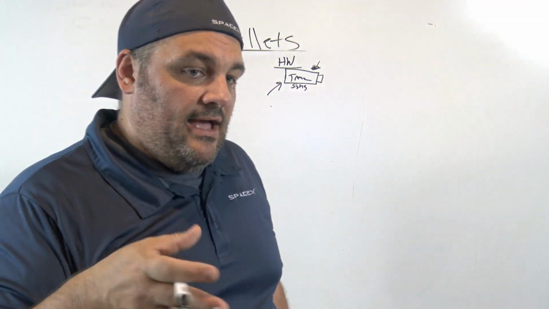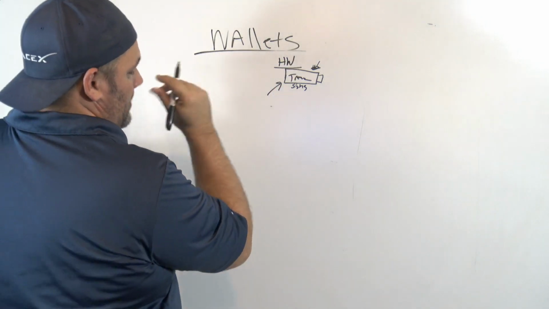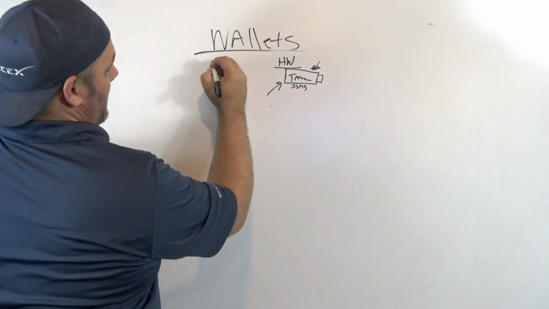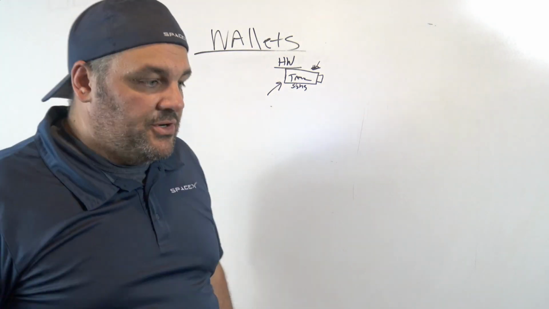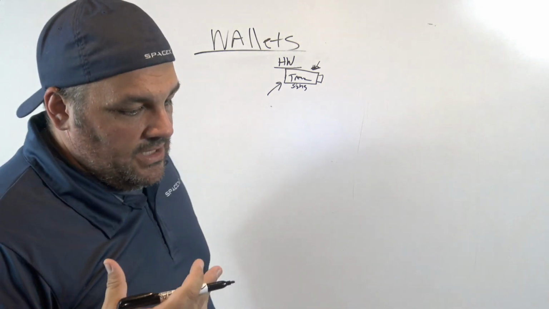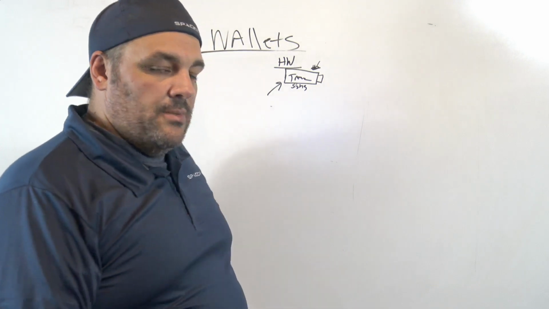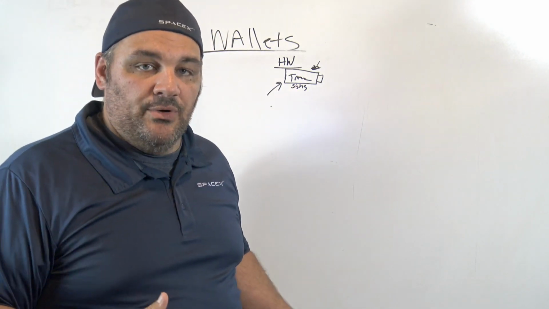To where, if you have a lite wallet, we'll pick on Ethereum for a second, like MetaMask in your browser, let's say your computer's compromised. You go in to print a paper wallet because you haven't printed a paper wallet yet.